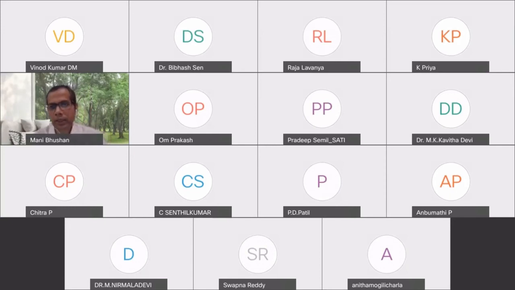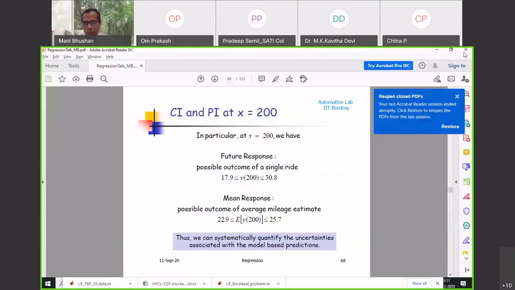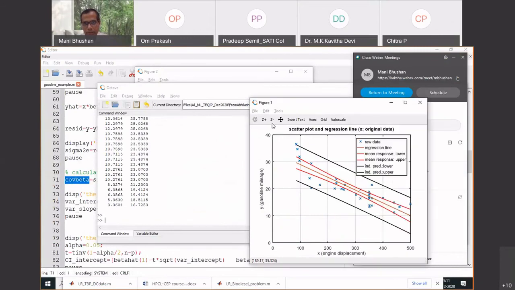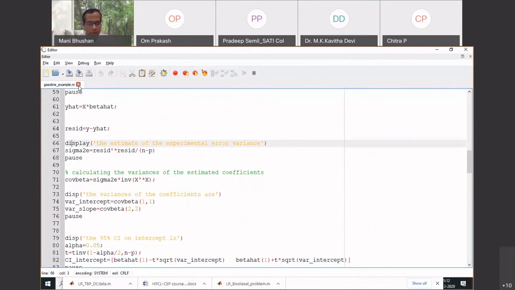Since there is no question, I'll take you through the data reconciliation, which I talked about in the morning, some codes I have. I'll illustrate through simulations some of those gross error detection ideas, and the results that I had. Let me open my codes.